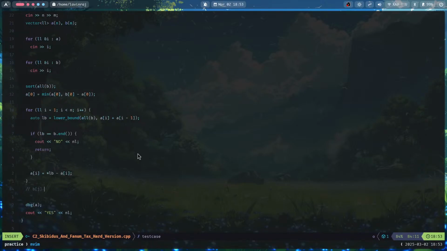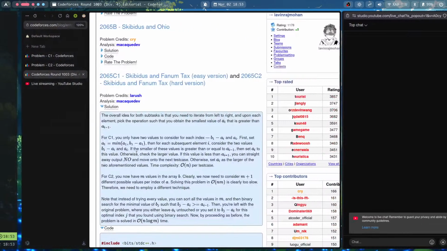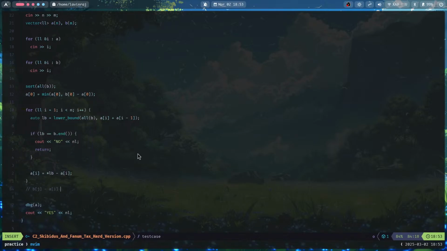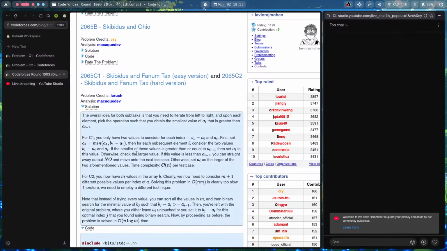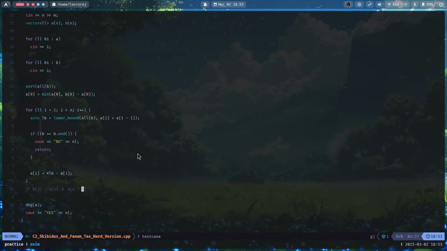So you're telling me b_j minus a_i should be greater than or equal to a_i minus 1. So this is equivalent to b_j being greater than or equal to a_i minus 1 plus a_i.